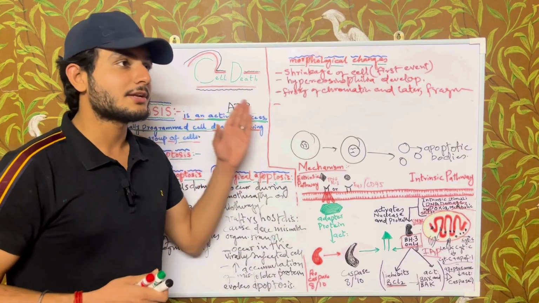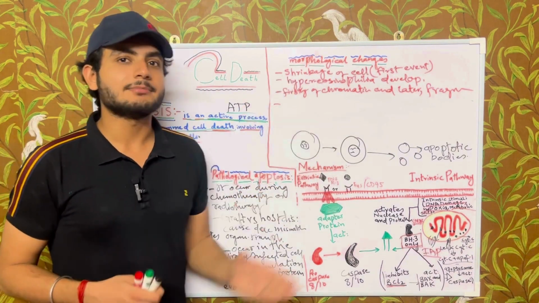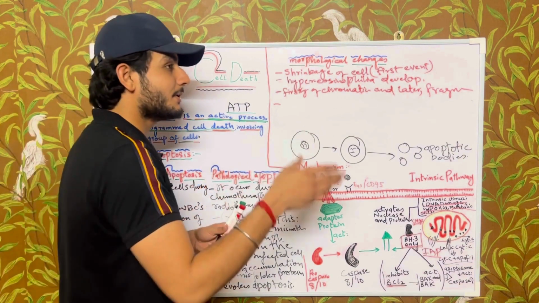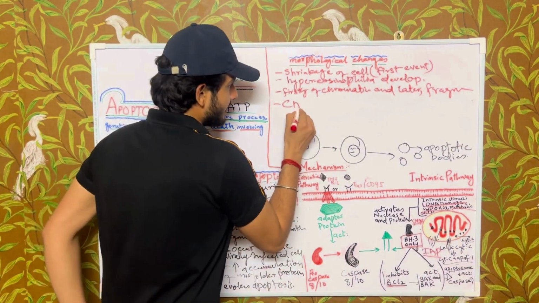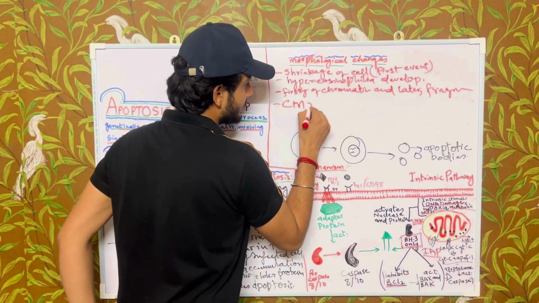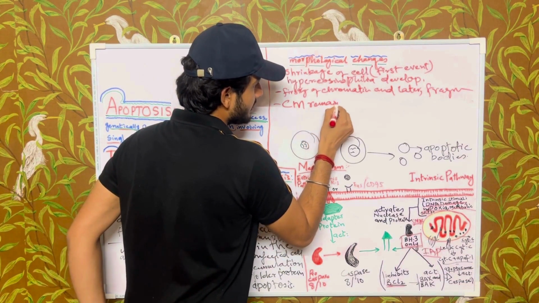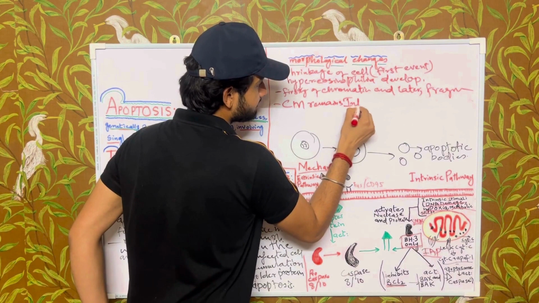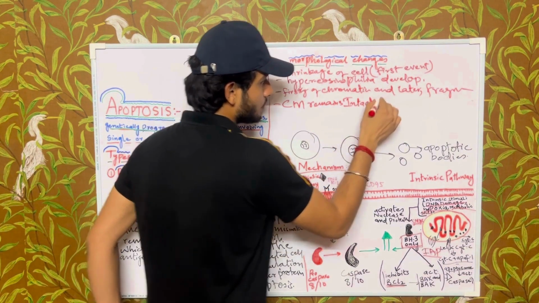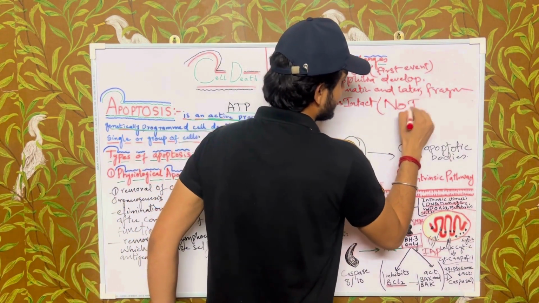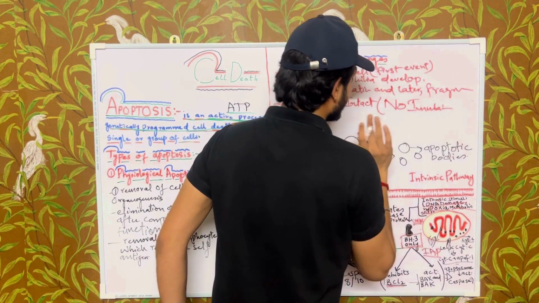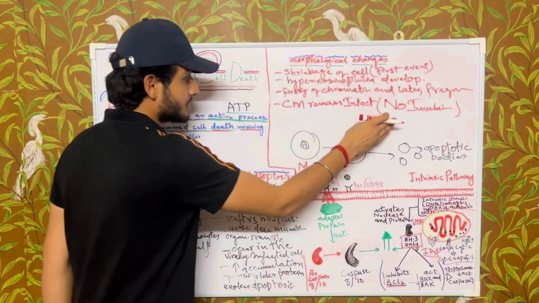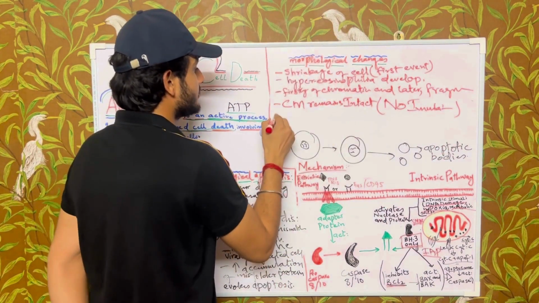But in this case there won't be damage to the cell membrane, so there won't be inflammation either. The cell membrane remains intact, so no inflammation. This is the most important point you need to learn.